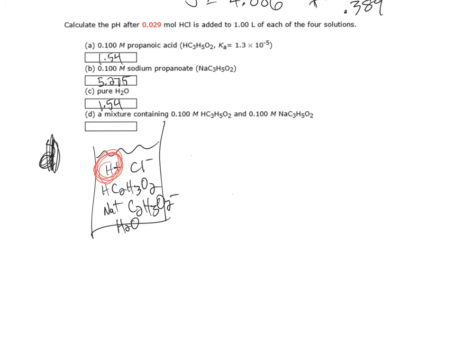Hydrogen is a strong acid species, which means it will react with the best base available to it. If we look at the other substances in this reaction vessel, chloride will not be a good partner for hydrogen because it's the conjugate of a strong species.